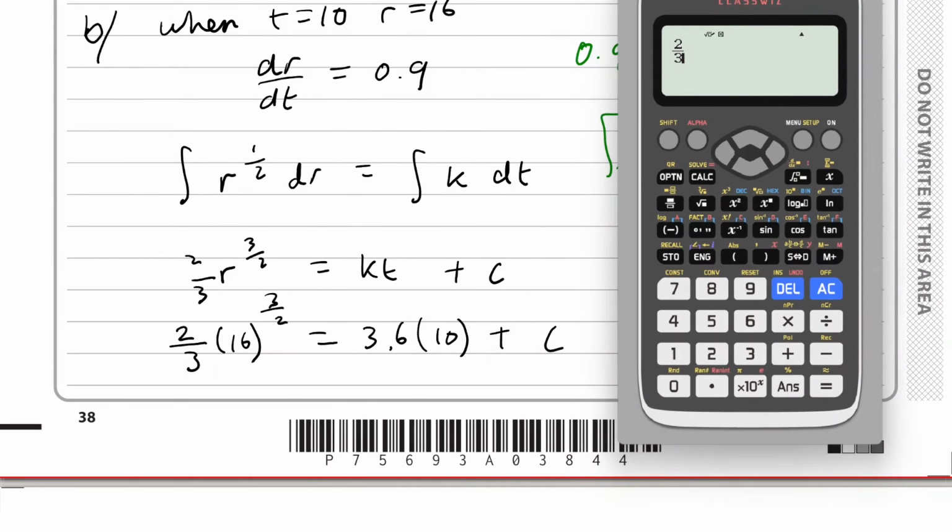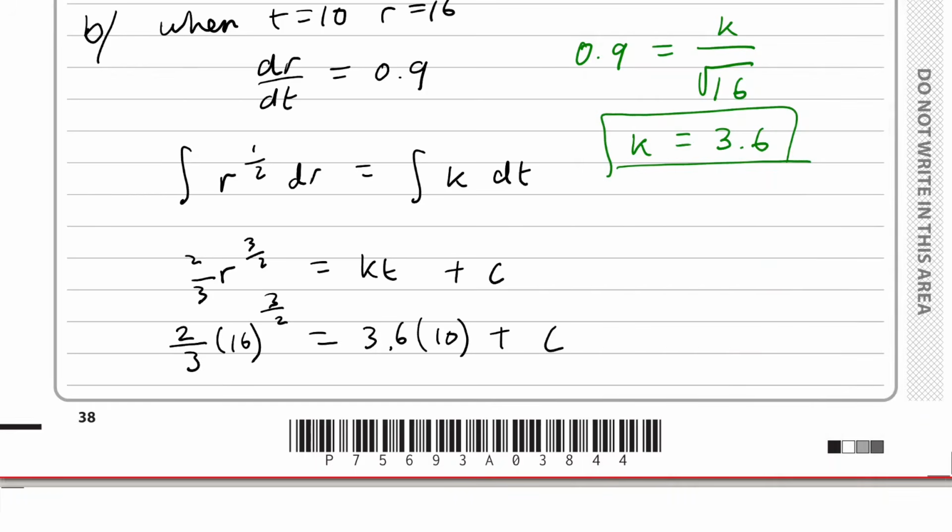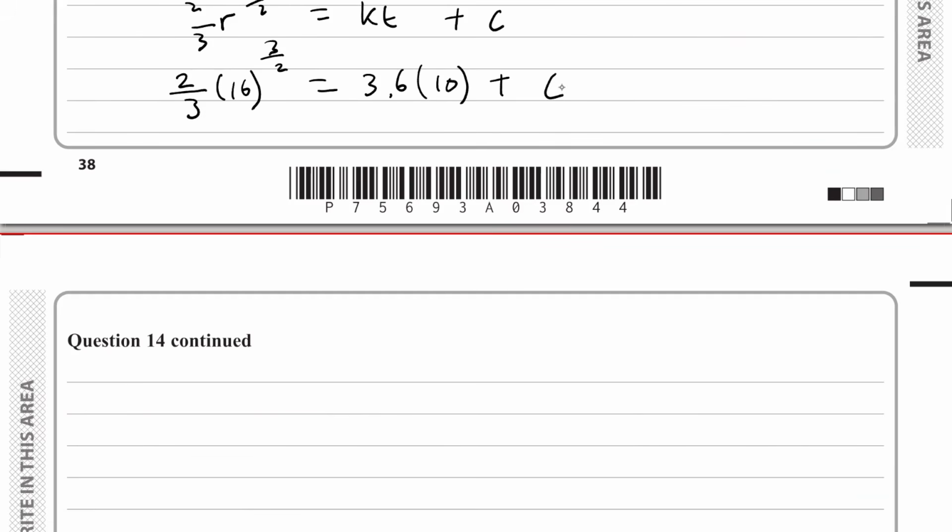So 2/3 times 16 to the power of 3 over 2 is 128 over 3. Take away 36, 20 over 3. So c is 20 over 3. So we get 2/3 r to the power of 3 over 2 equals 3.6 t plus 20 over 3.